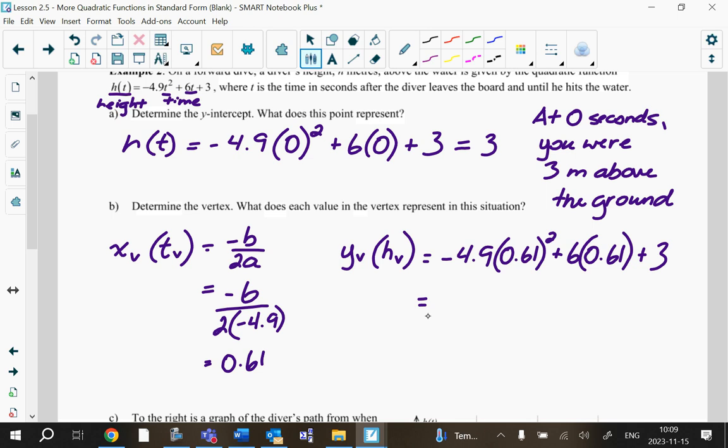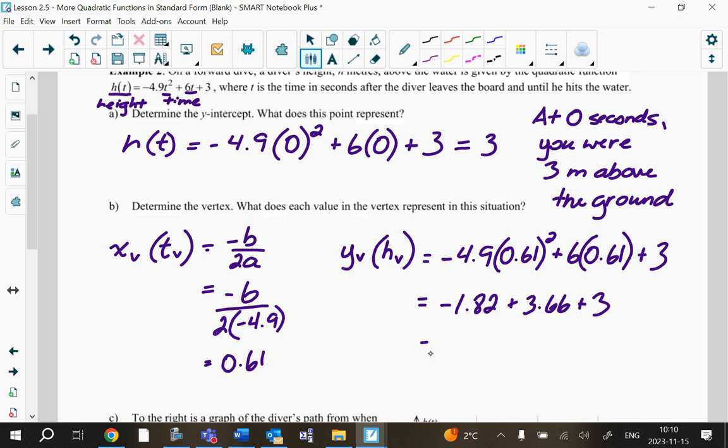For the first part, I'm going to do 0.61 squared, times that by negative 4.9, and I'm going to get about negative 1.82. 6 times 0.61 gives me 3.66, which I'm going to add, and then I add another 3. So when you do all these, negative 1.82... 4.84. Yeah.